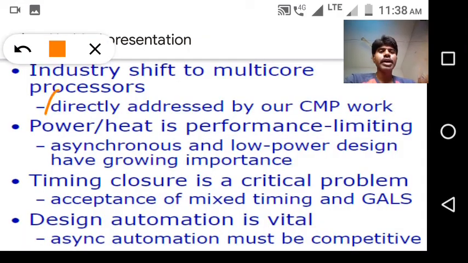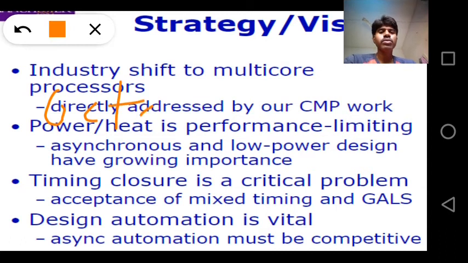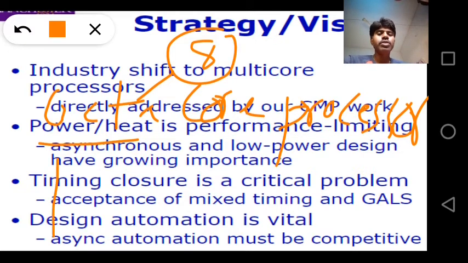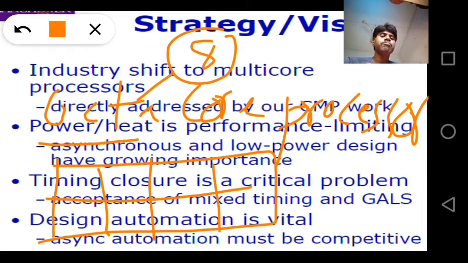Similarly, I have octa core processor. So what is octa core? Octa means 8. So here the processor is divided into 1, 2, 3, 4, 5, 6, 7 and 8.